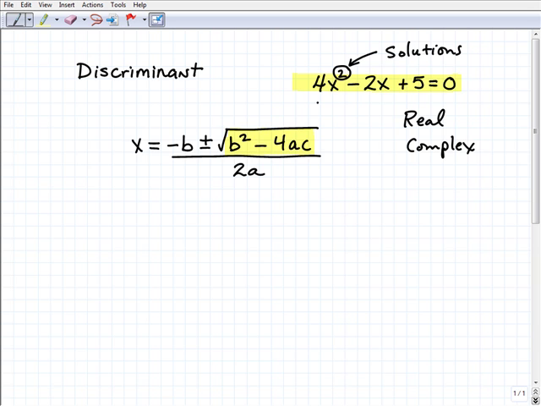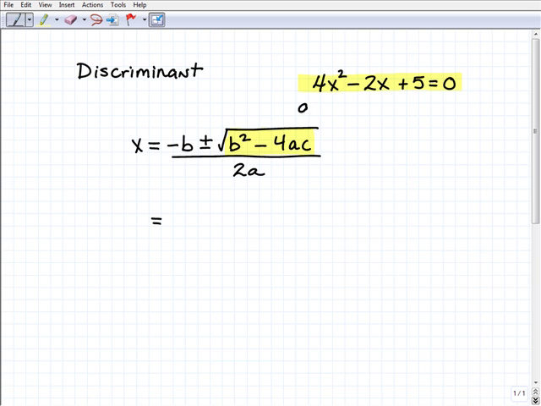Well, let's go ahead and actually find the discriminant of this particular quadratic equation, and I'll start explaining some ways to interpret the discriminant. We're interested in simply the sign of b squared minus 4ac, but let's calculate it for this one here.